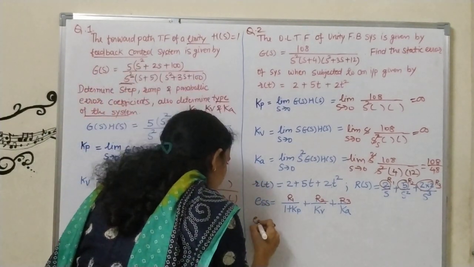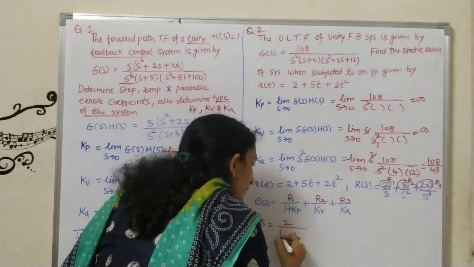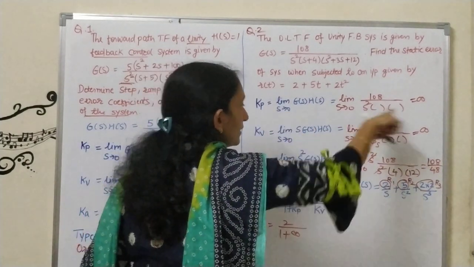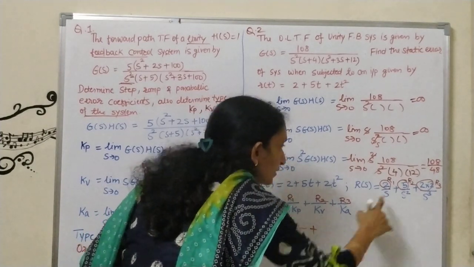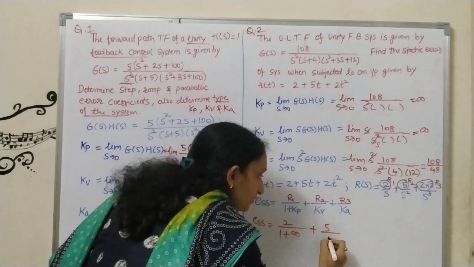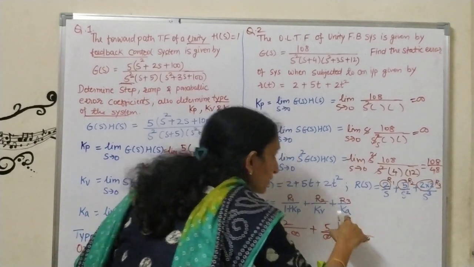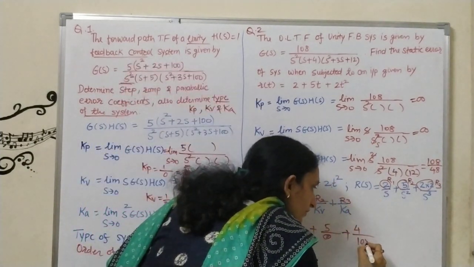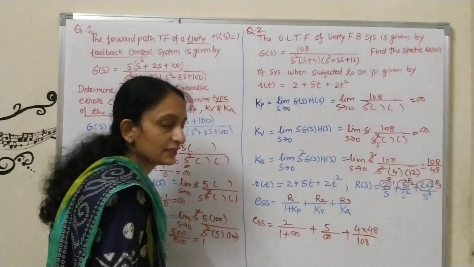So I will calculate ESS as, look at this, ESS is equal to R1, which is actually 2, upon Kp. And what about Kp? Kp I have calculated as infinity. Okay, look at this. Kp I have calculated infinity, plus R2. What am I getting for R2? R2 is actually 5. Okay, and what am I getting for Kv? Kv is actually infinity. Okay, plus R3, which is actually 4, upon Ka. What am I getting for Ka? Ka I am getting 108 by 48. So 108 by 48, I have shifted that to the numerator.